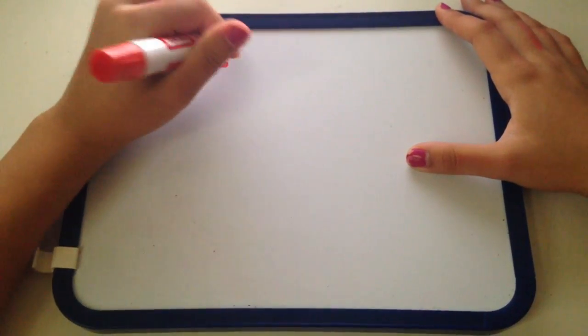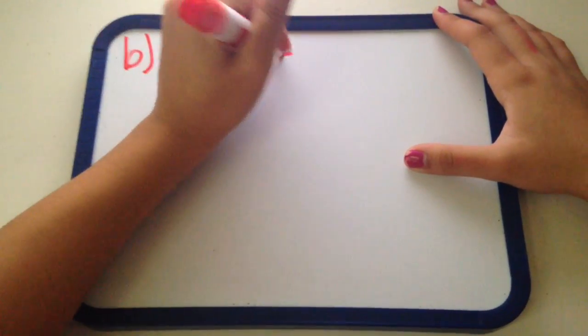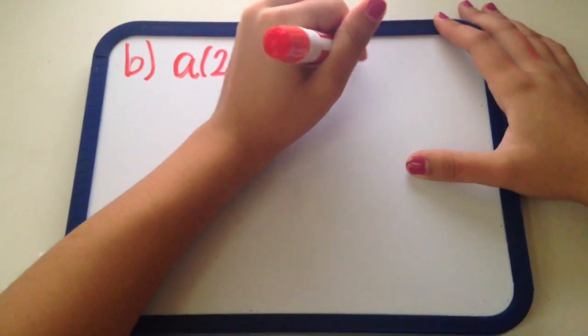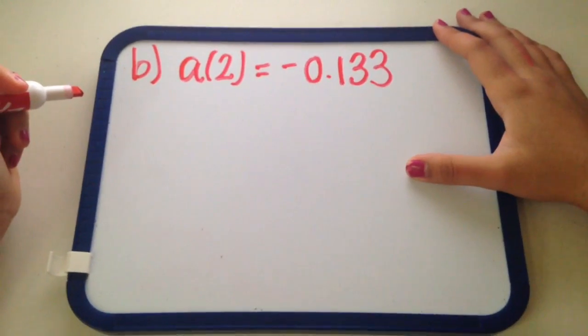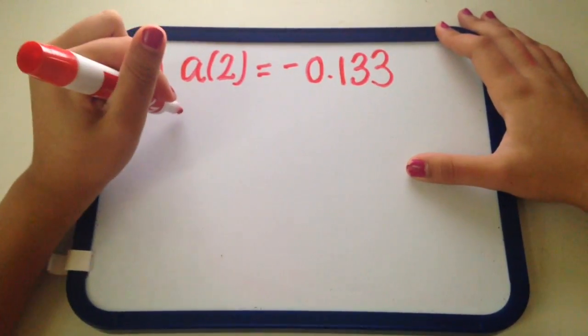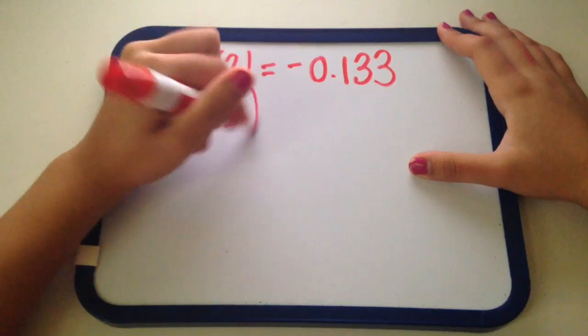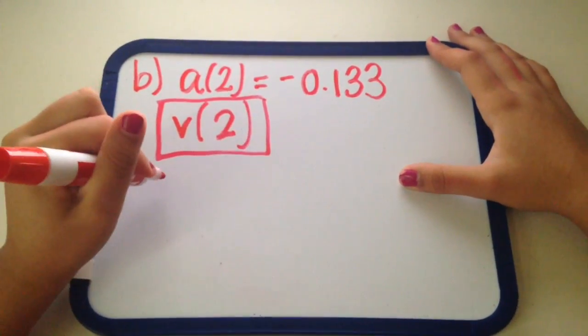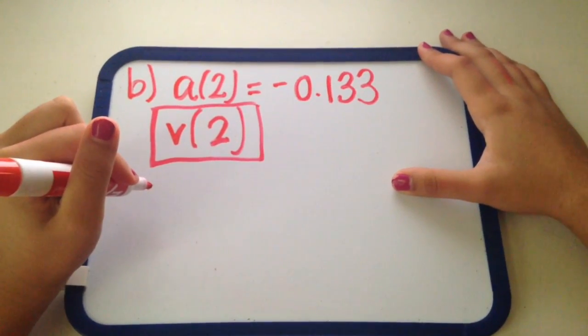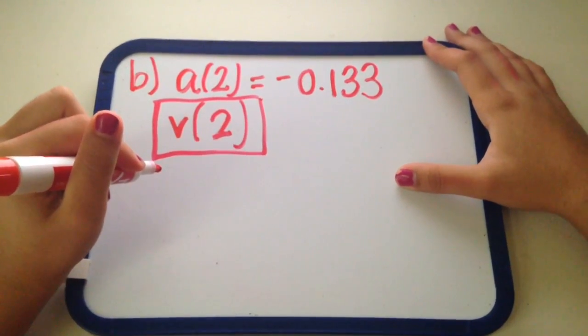In part B, it asks if the speed of the particle increases or decreases at time equals 2. In part A, we found acceleration at time equals 2, which is negative 0.133. In order to find if the speed of the particle increases or decreases, we also have to find velocity at time equals 2. And we were given velocity, which is 1 minus inverse tangent e to the t.